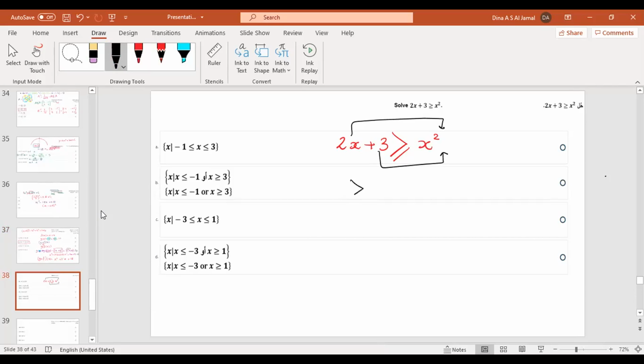So this will be like x squared minus 2x minus 3. Just put them to the other side. So we can imagine, just imagine that it is y bigger than or equal x squared minus 2x minus 3.